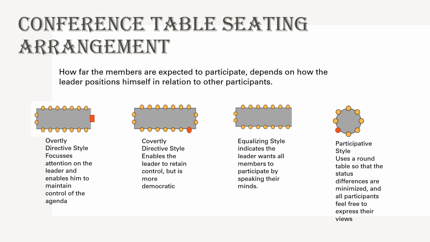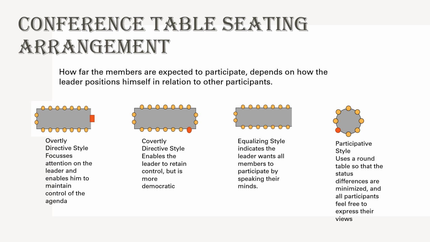So we have four styles of conference table seating arrangement. One is overtly directive, the second is covertly directive, the third is equalizing, and the fourth is participative. When I talk of overtly directive, overt means very prominent, which means that the leader in such a style is very prominently visible to everybody. Because the leader is prominently visible, this style focuses attention on the leader and enables the leader to maintain control of the agenda.